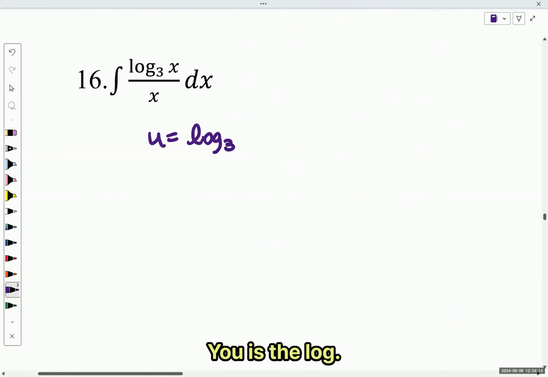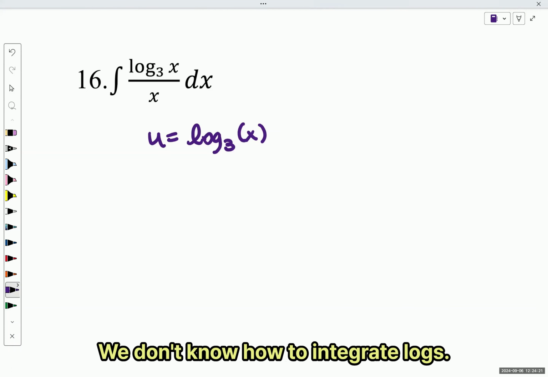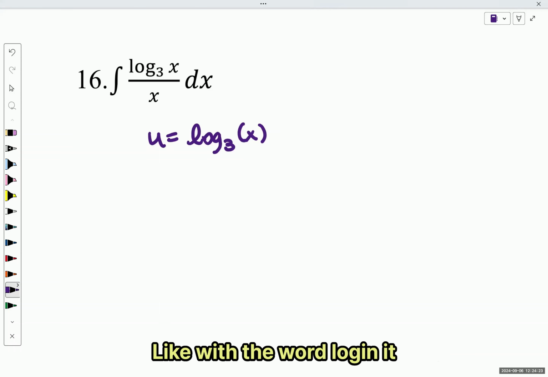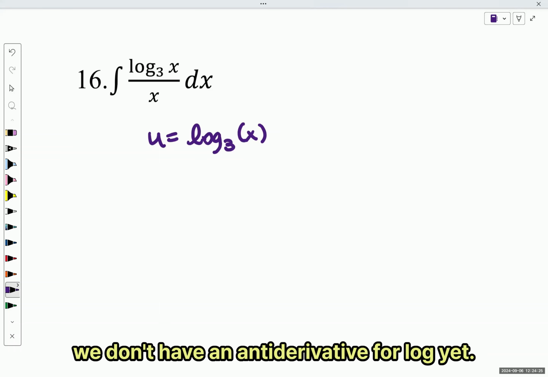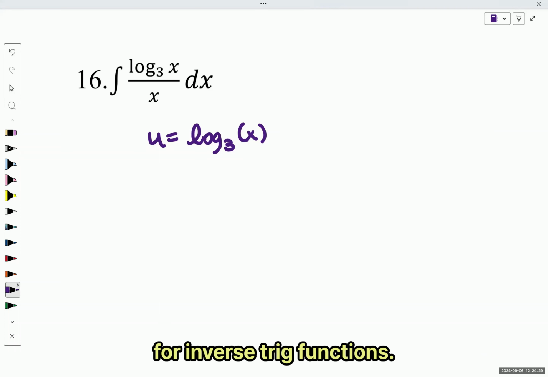U is the log. If you don't know how to integrate it, right? We don't know how to integrate logs. Like with the word log in it, we don't have an antiderivative for log yet. And we don't have antiderivatives for inverse trig functions. We have derivatives, we don't have antiderivatives. Those are your U's. Okay? So let U be log base 3 of X.